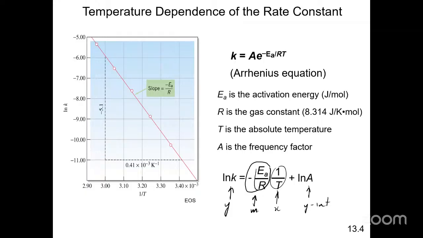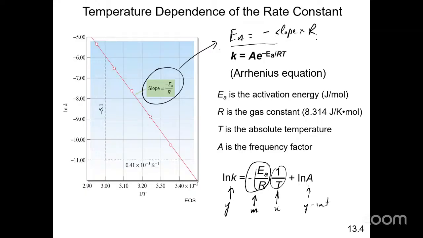So basically, if you carry out an experiment where you plot ln k versus 1 over T on the x-axis, you're going to get a straight line where the slope is equal to minus EA over R, and you can use this to calculate the activation energy, EA, because once you get the slope, you simply do EA is equal to minus slope times the molar gas constant.